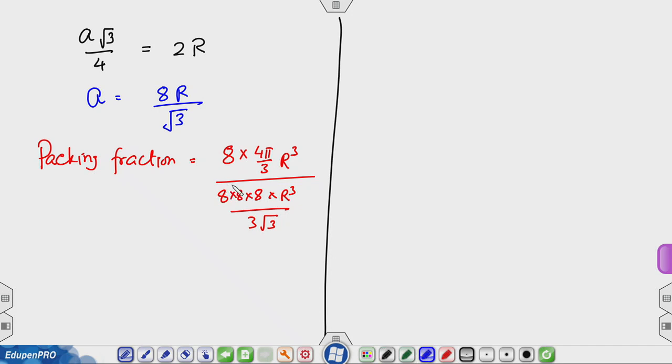And what you get is this 8 cancels, this 4 gives you 2 here, then similarly this 3 cancels, and you get this to be equal to pi root 3 over 16, because this guy cancels 2. That's the packing fraction. So, that's roughly 1.7 times 3.1, 51 over 16. So, that's 34%. That's the answer.